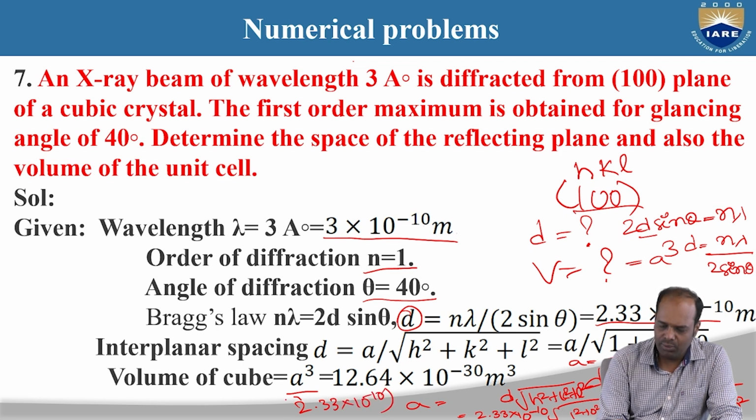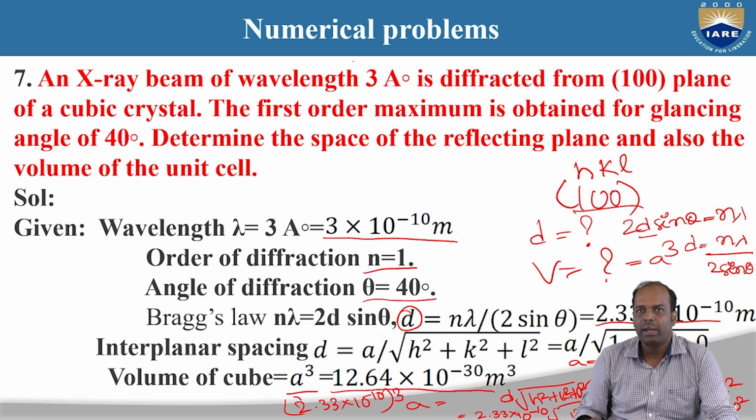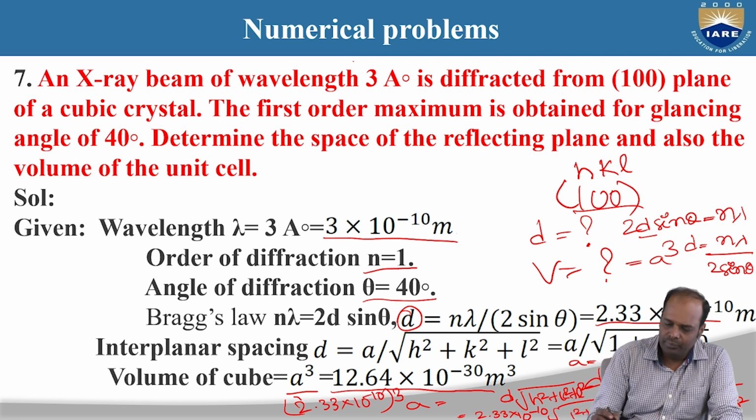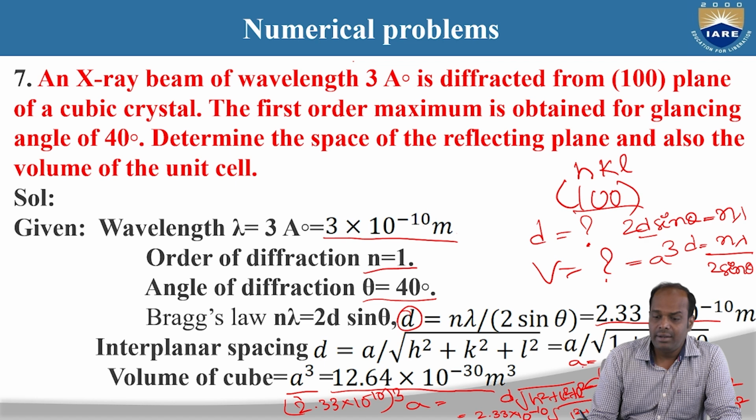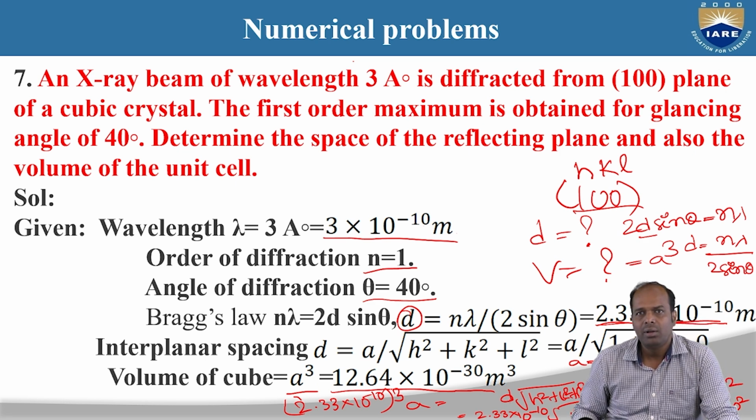So we got the interplanar spacing as 2.33 × 10^-10, the lattice constant value is also the same, 2.33 × 10^-10, and the volume of the cube, a cube, is 12.64 × 10^-30 meters cubed.